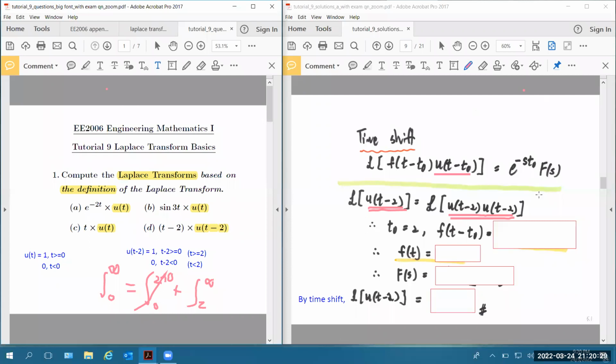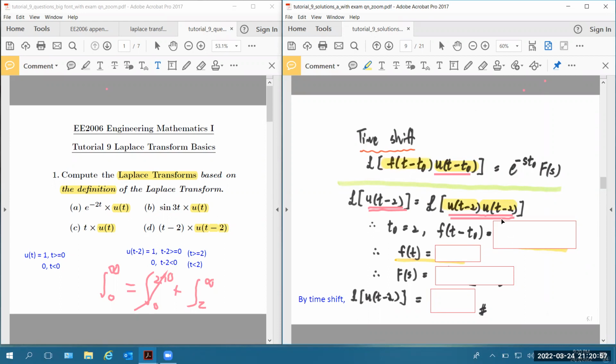So now, after this, what do you do? Since now you can write it like that, the u(t minus t naught) you matched just now, you can match to this one. Then your f(t minus t naught) you can match to this one.